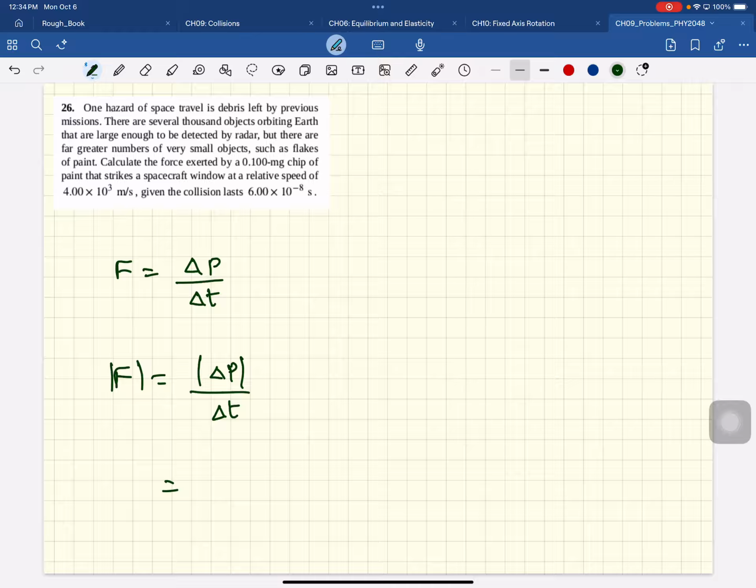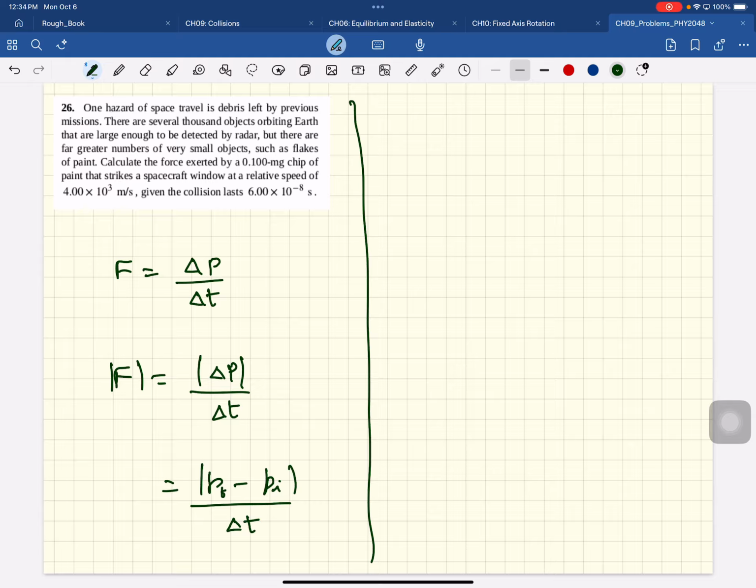Okay, so that speck of paint got stopped in that amount of time. Okay? So final momentum minus initial momentum. So the magnitude of the force is, final momentum is 0.